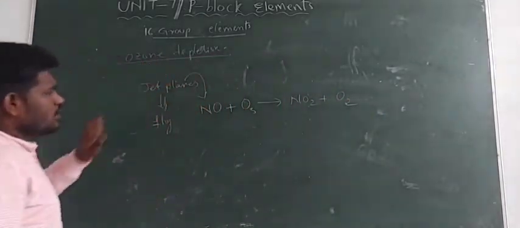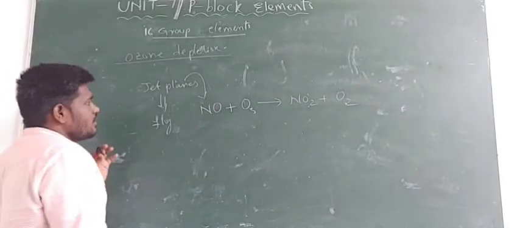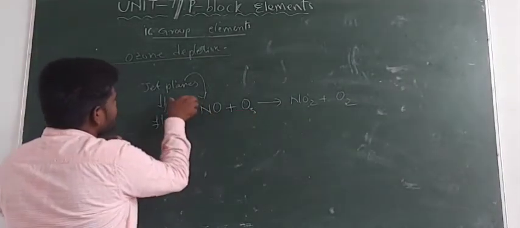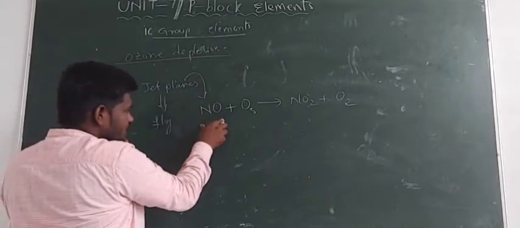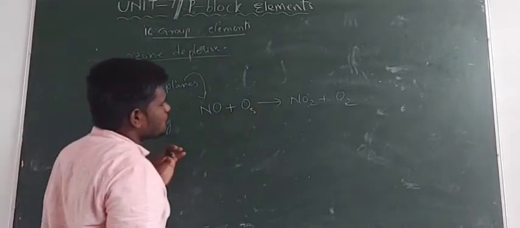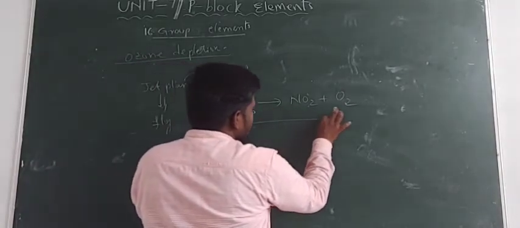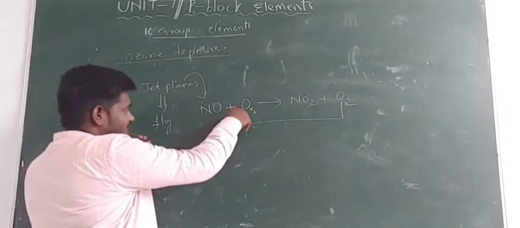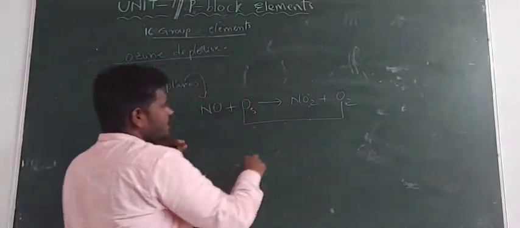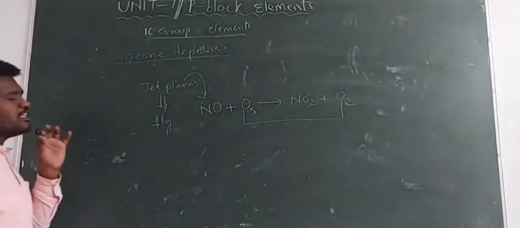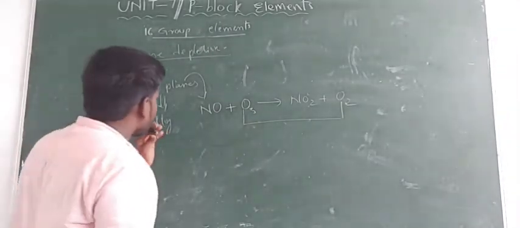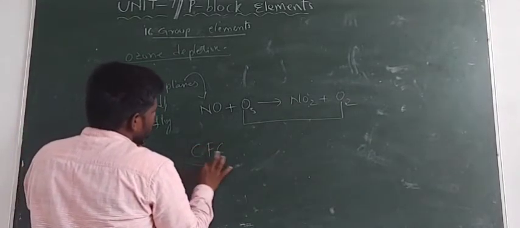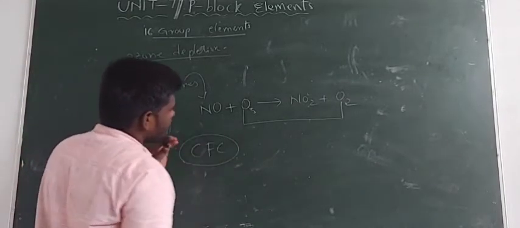So when NO is released by the jet planes, it reacts with the O3 molecules present in the ozone layer, and this O3 turns into O2. So when O3 is turned into O2, holes are formed in the ozone layer. That is known as ozone depletion. And the next one, chlorofluorocarbons. These also act as ozone layer depleters.